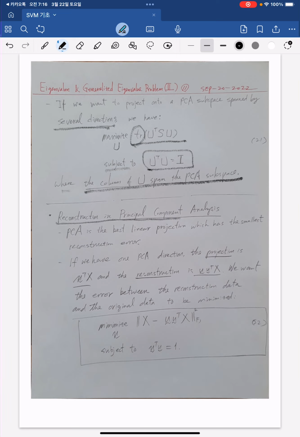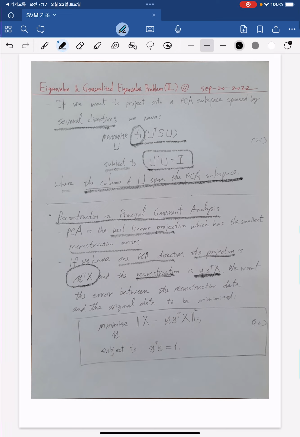Reconstruction in principal component analysis. PCA is the best linear projection, which has smallest reconstruction error. If we want one PCA direction, the projection is U transpose X, and the reconstruction is U U transpose X. 이게 맞지?